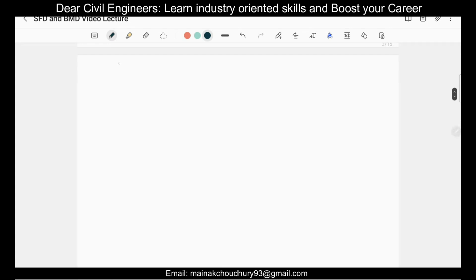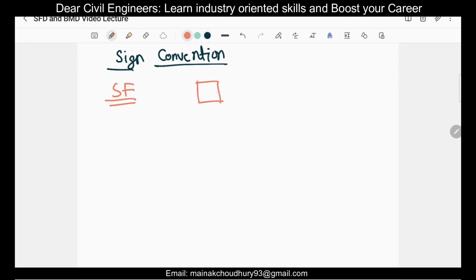Very briefly I'll explain the sign convention to you. There are various sign conventions used in various books, but I found this the most usable and easiest one. If you can follow this, then it will be easy for you. First of all, shear force. If you go from left to right, you will follow like this, and if you go from right to left, you will follow like this.